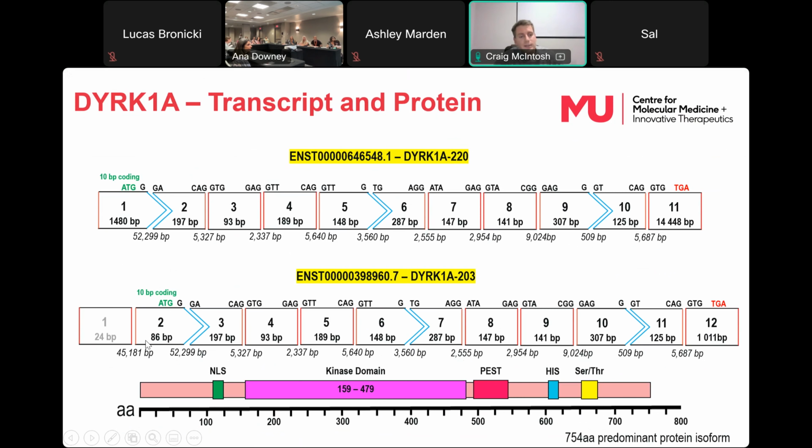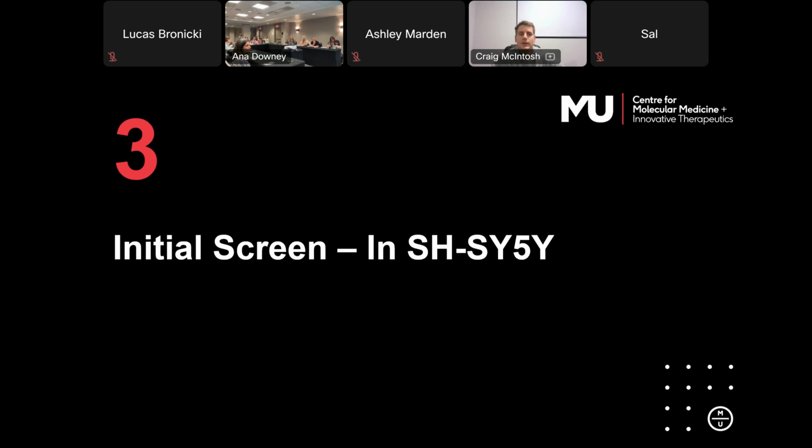The good thing is there are two really attractive regions in both of these transcripts that we're targeting. That seems to be a good area for us in our preliminary data so far. So we're hoping that it's not too much of an issue.